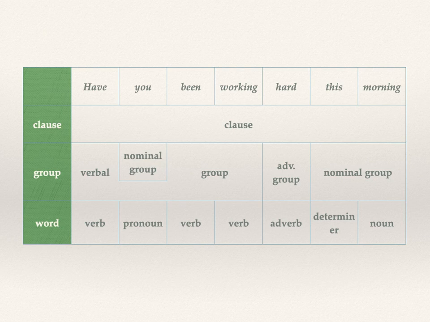And again, we saw that part of the evidence is that you can move groups around the clause, but not individual words. So you could say, this morning have you been working hard, but not morning have you been working hard. It wouldn't work.